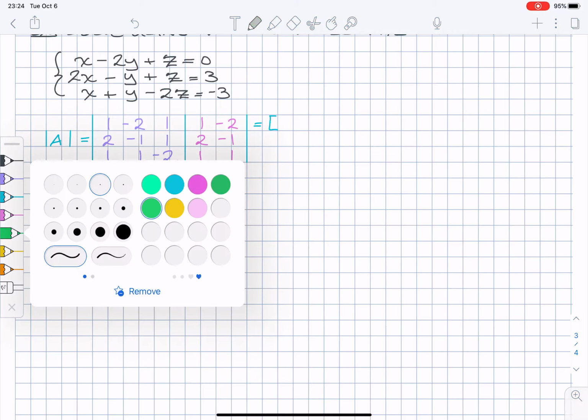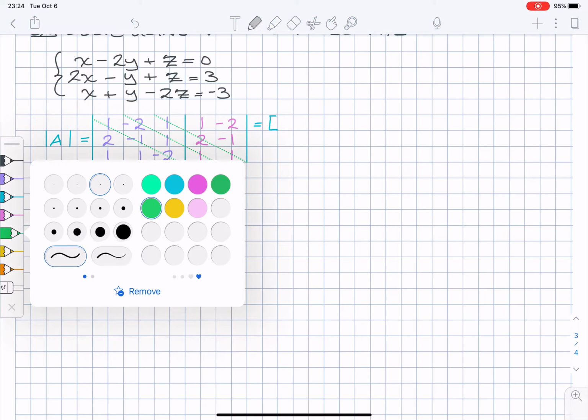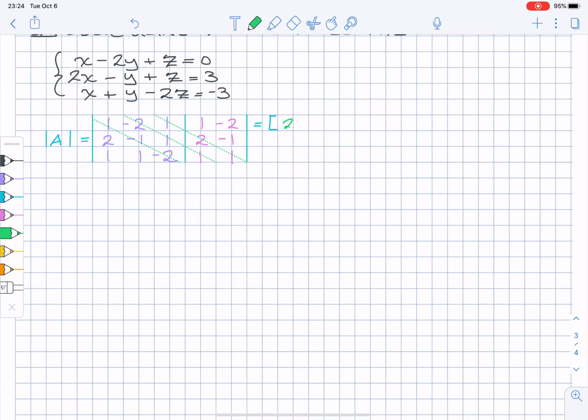Okay, so looking at the first set of main diagonal products and their sum, we get 2 minus 2 plus 2, from which we're subtracting the alternate diagonal sums.